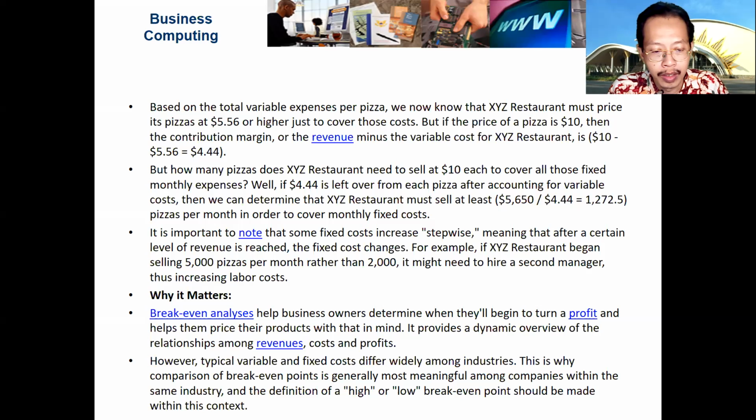So the break-even point analysis would be used to find out whether your business is feasible or not, whether you want to really open the business or not. So in this case, you would be making a break-even point analysis of the business you started to plan in the previous session.